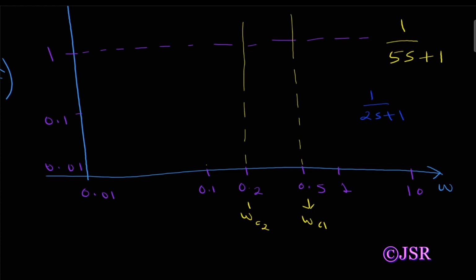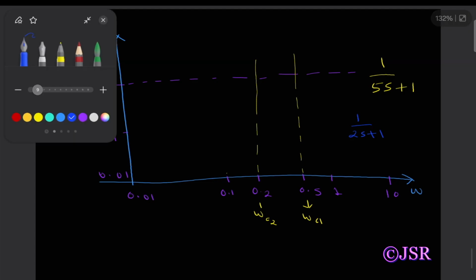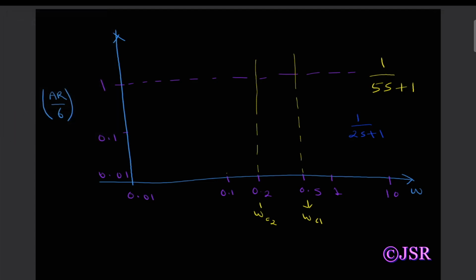So for the transfer function 1 upon 5s plus 1, the corner frequency is at 0.2, and in this case the high frequency asymptote, so this first order system will pass through omega c2, and so this will be the high frequency asymptote.